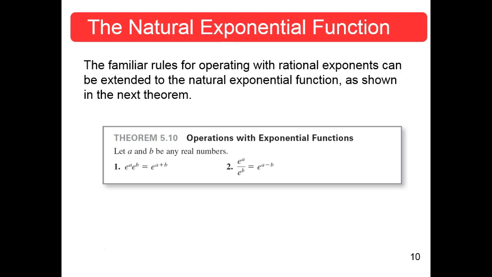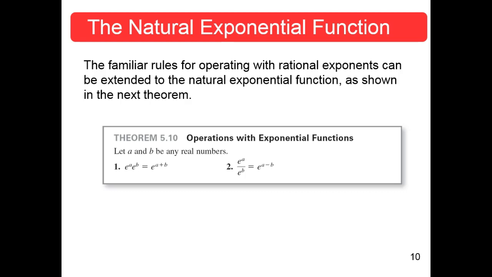So familiar rules for operating on rational exponents can be extended to the natural logarithm and natural exponential function. And here are some of these, and these ought to be old hat to you as well. If a and b are any real numbers, e to the a times e to the b: anytime you're multiplying two terms with the same base and different exponents, keep the base and add the exponents. e to the a plus b.